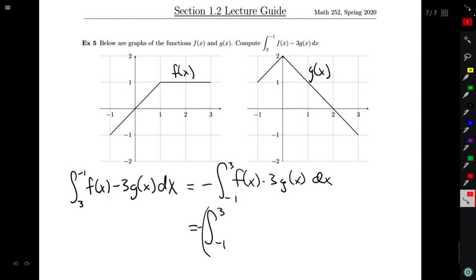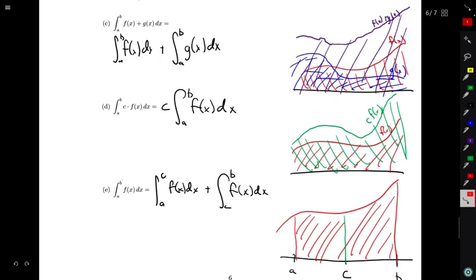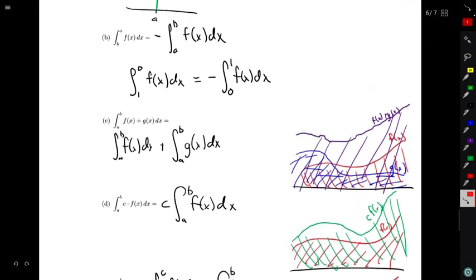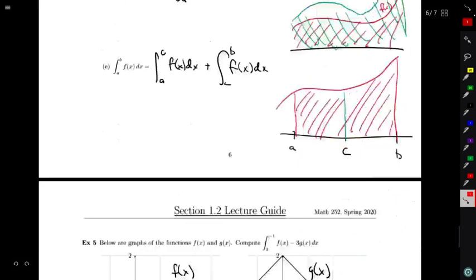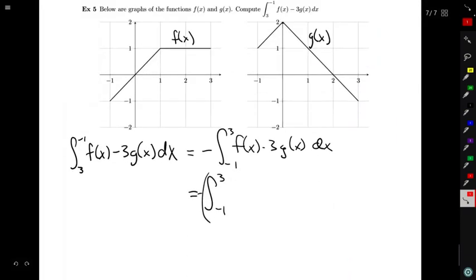And we know that by property C here, when we're taking the integral of a sum, we can integrate the two pieces of the sum separately. So here I've got the integral of f plus minus 3g.